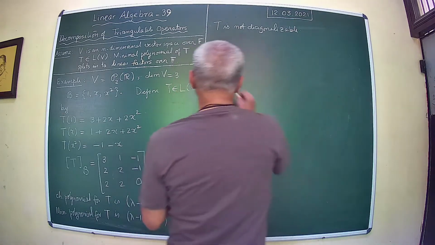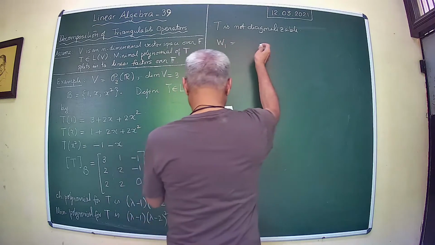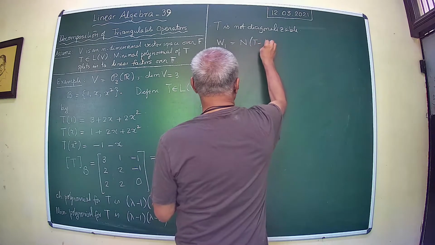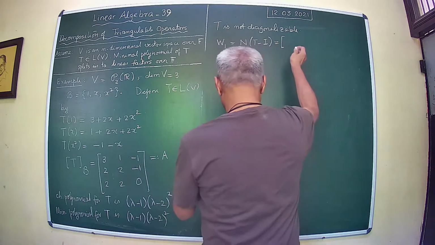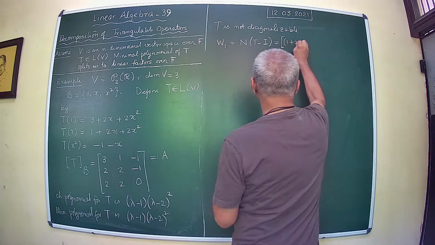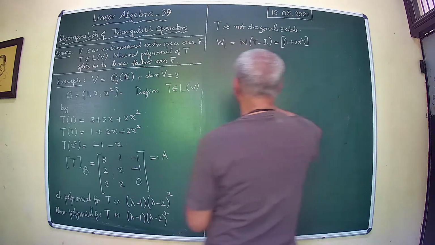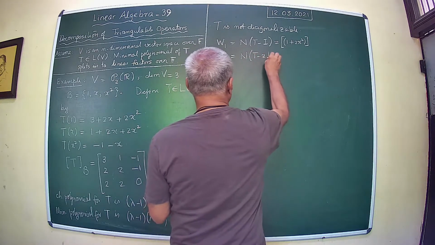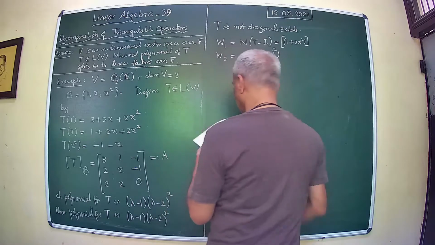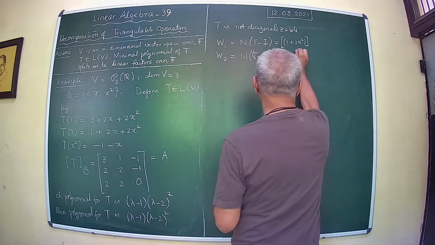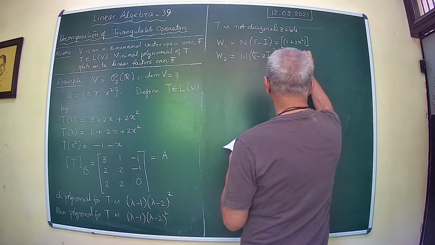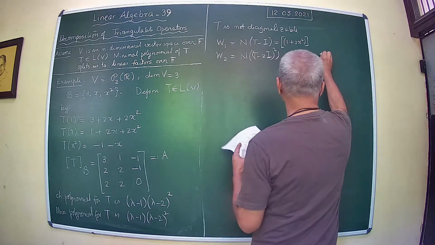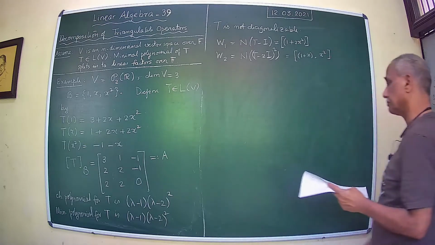Now we define W1, which is equal to the span of the polynomial, and W2, the span of 1 plus x square. All this we will see.